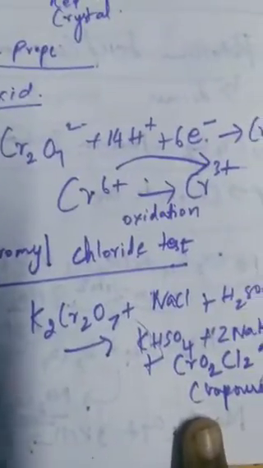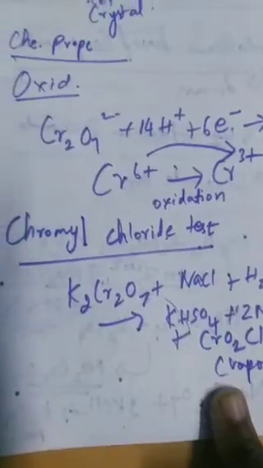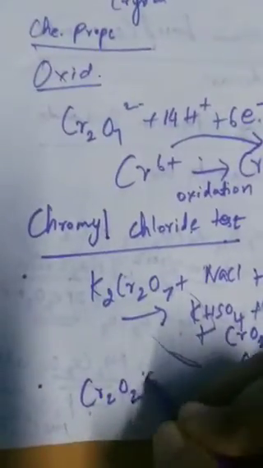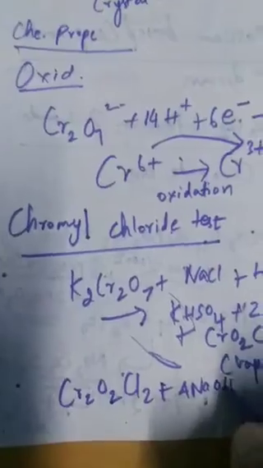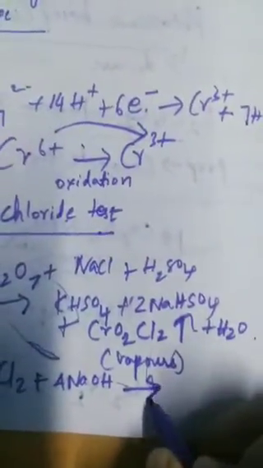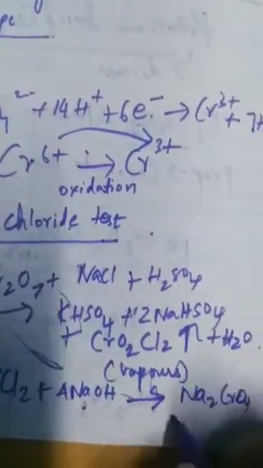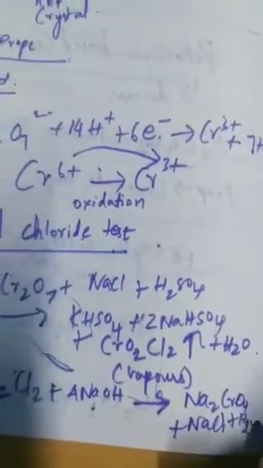The vapor is dissolved in sodium hydroxide solution, and later this is treated with lead acetate. CrO2Cl2 is further treated with sodium hydroxide. We will get Na2CrO4 plus NaCl plus H2O.